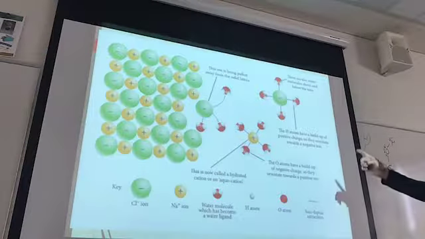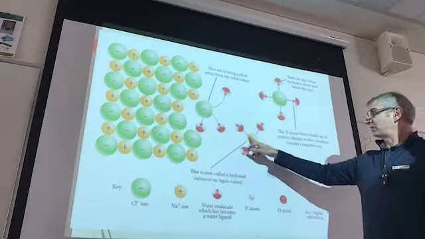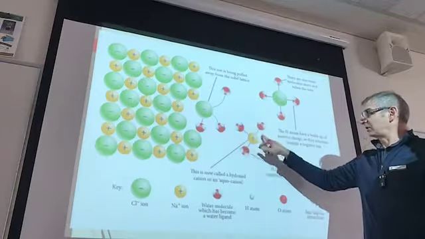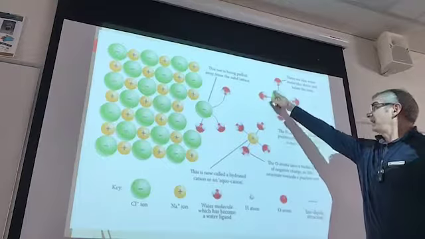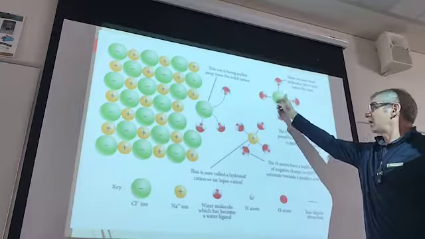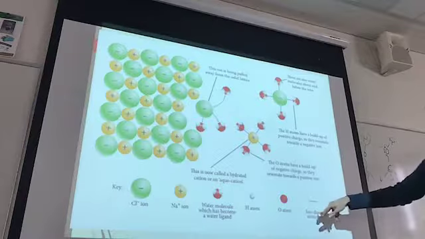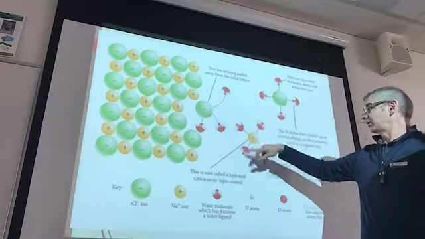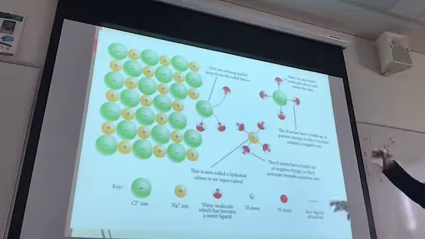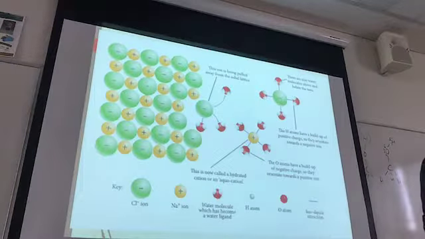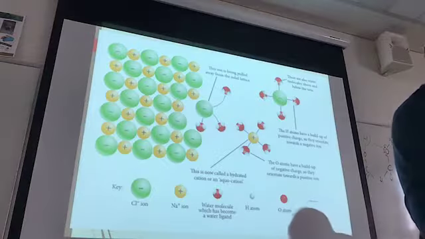So we can see that what we end up with is our positive ions surrounded by and bonded to the oxygen end of the water molecule, and our negative ions bonded to the hydrogen end of the water molecule. And these are the ion-dipole attractions that we can see. So they're the new bonds or intermolecular forces that we're generating as a result of dissolving.